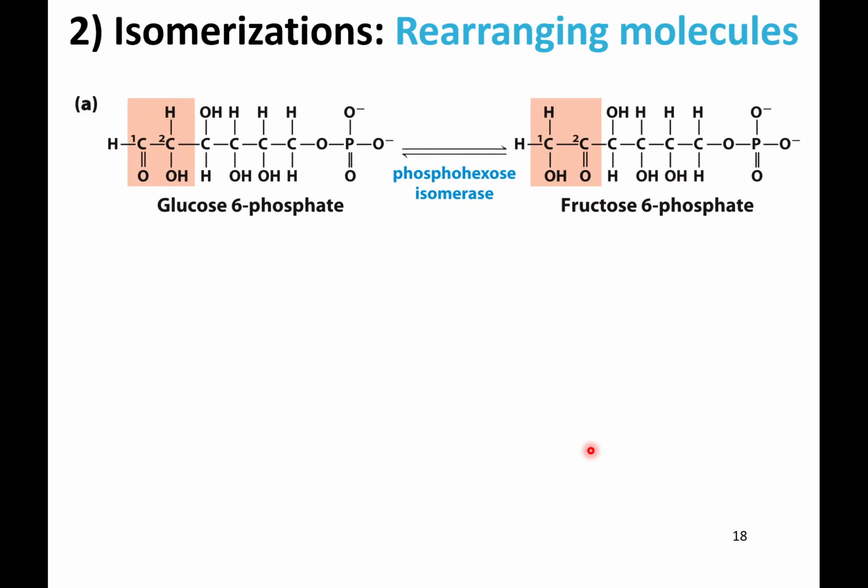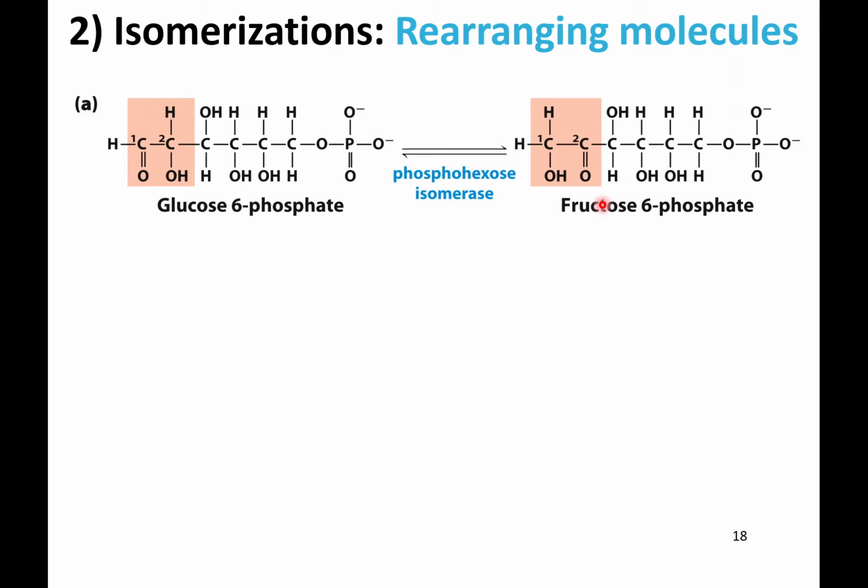The second type of reaction is isomerization, which is just a rearranging of a molecule. In this example, we have glucose 6-phosphate, and an enzyme called phosphohexose isomerase changes it to fructose 6-phosphate.